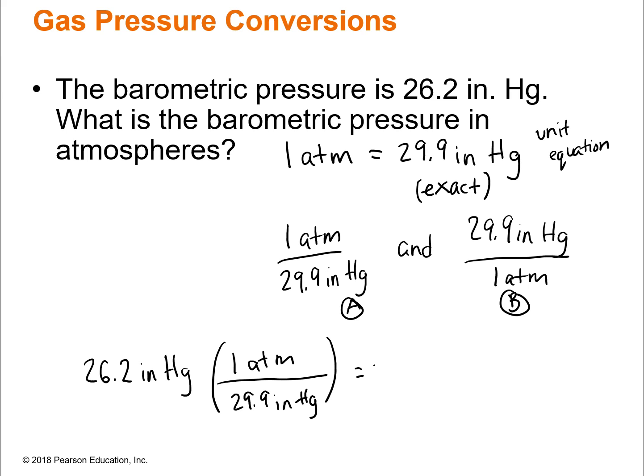What you would do for this is you would take the 26.2 and divide by 29.9, and that will give you the number of atmospheres represented. You can put that in your calculator and let me know what you get.